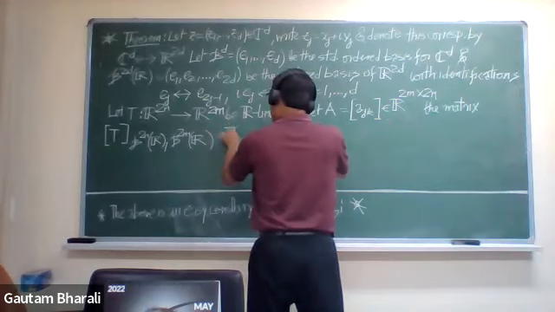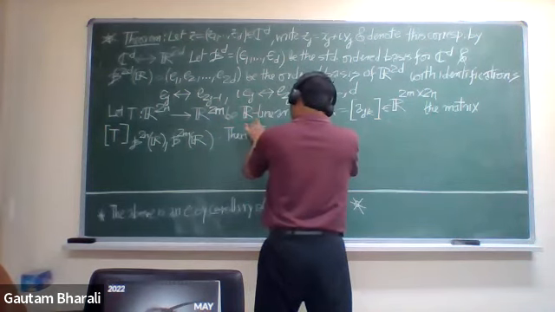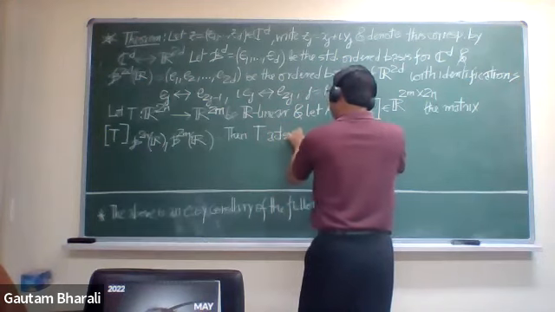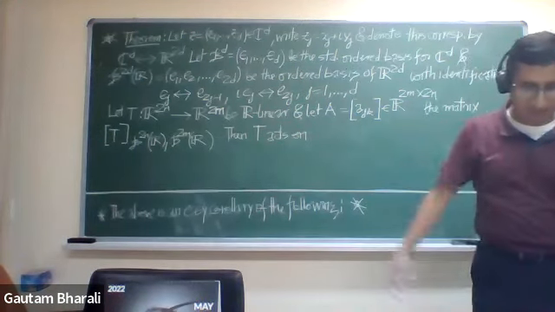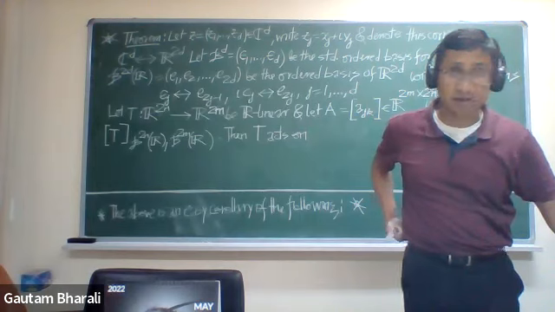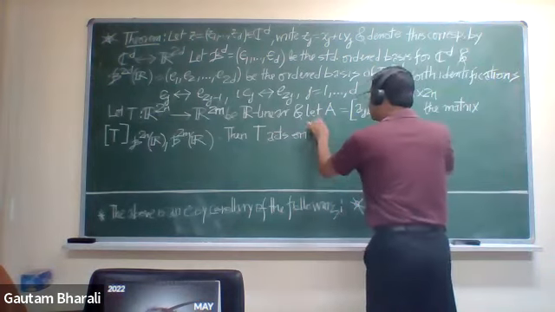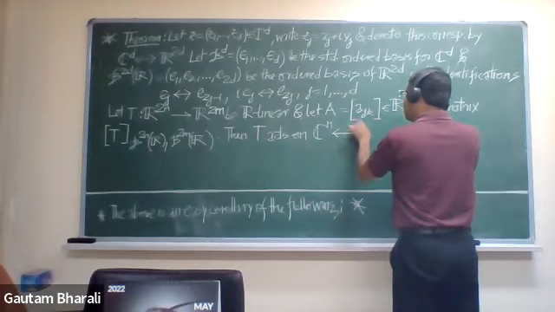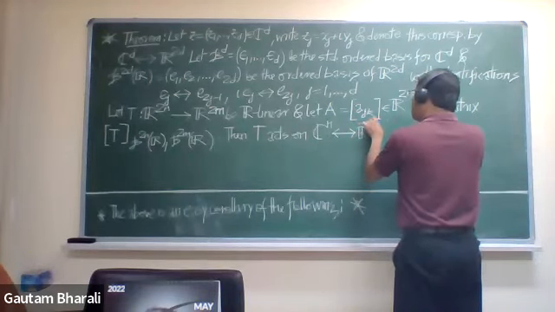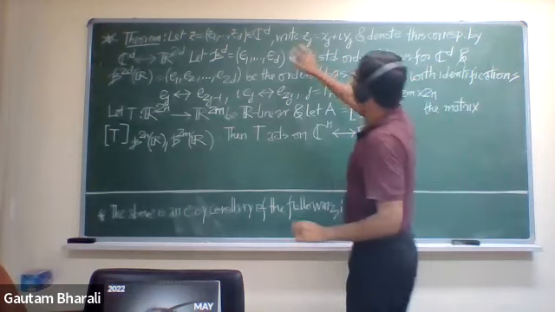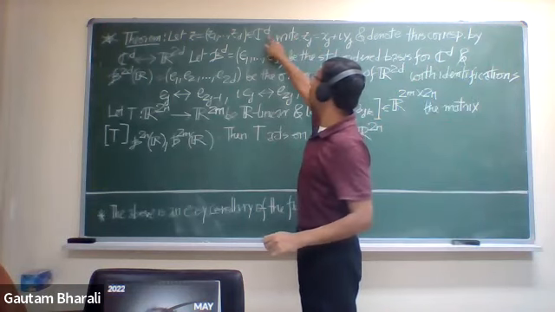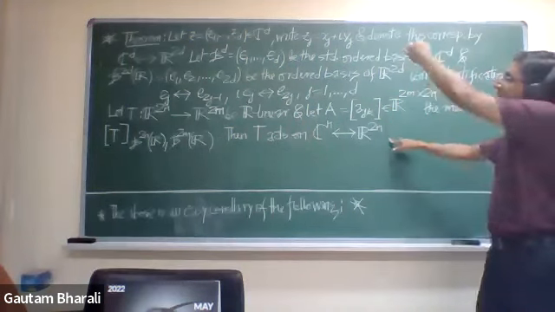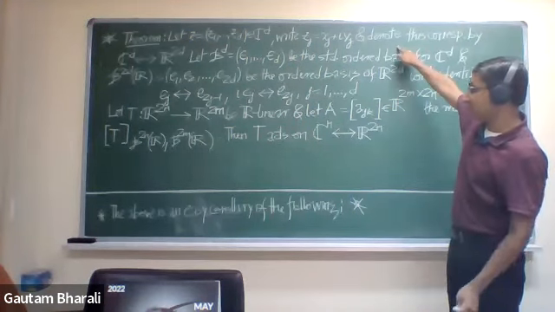So this is the meaning of my A. Then T acts on, remember, there is this identification between Cn and Rn. So T acts on Cn, which is identified with R2n by this identification for a general D. When I take D equal to n, this gives me this identification.